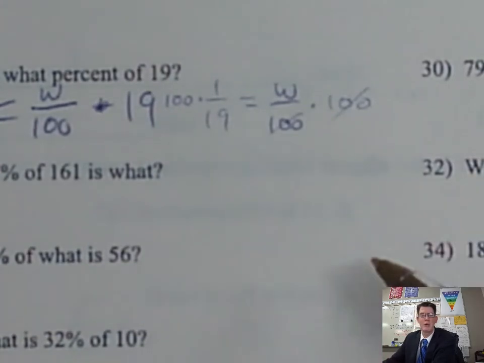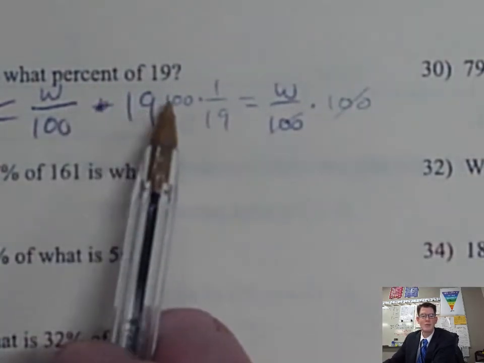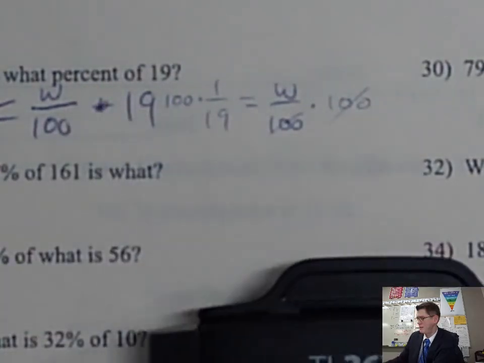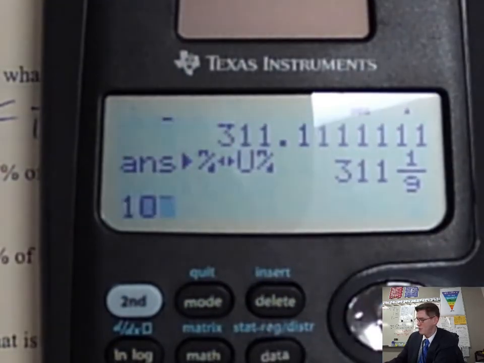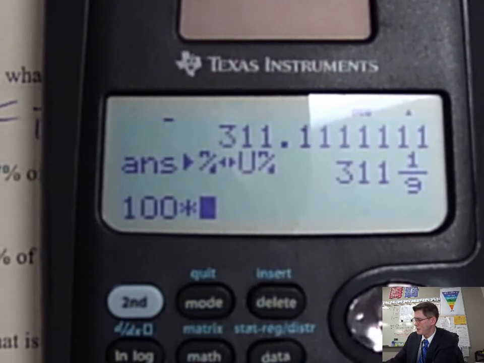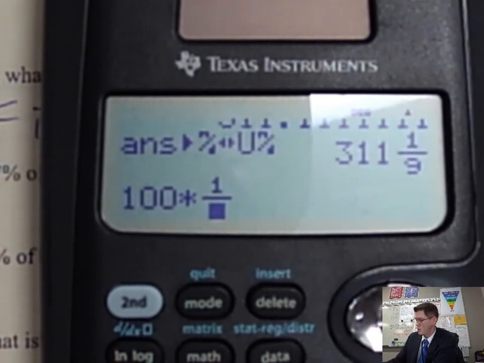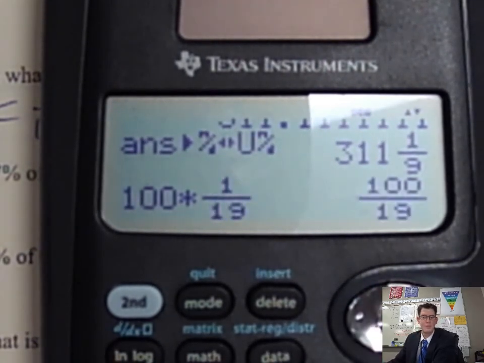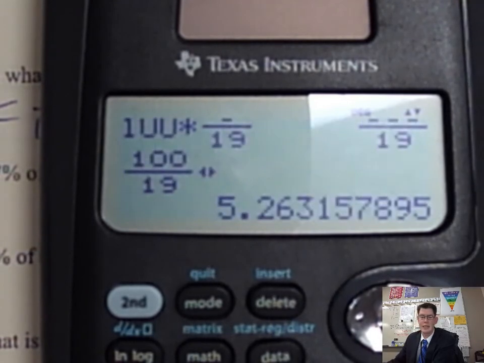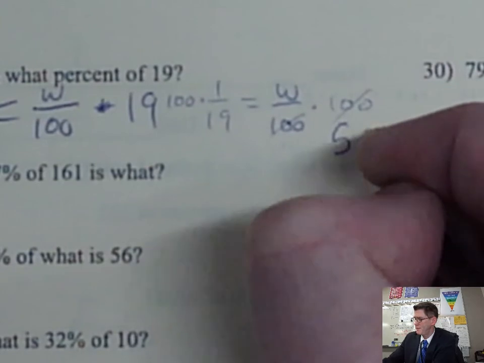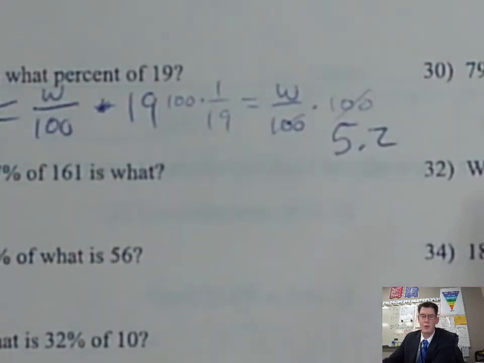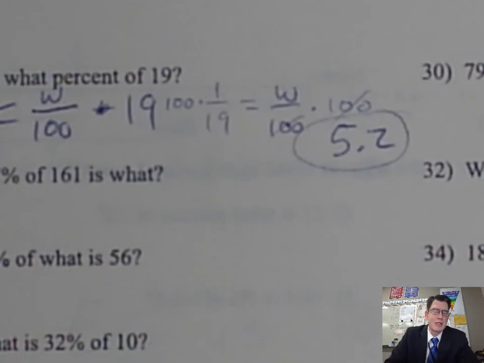So W is all on its own, and it's 100 times 1/19. And when I type that in, 100 times 1/19, 1 over 19ths, or 5.26, 5.3 is the W.